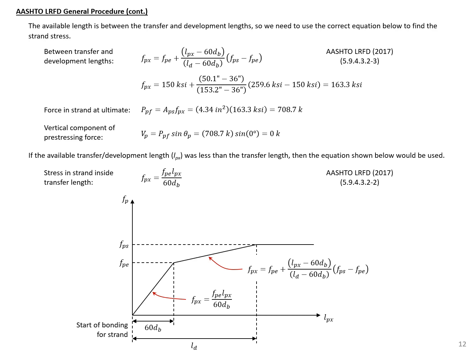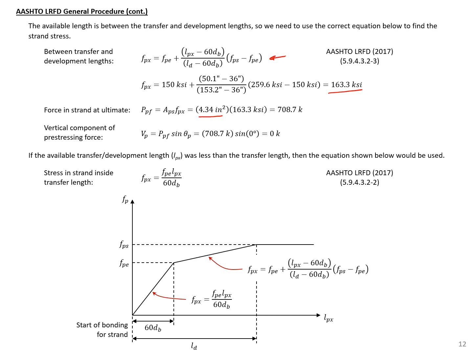Because we're between the transfer and development length, we'll need to use this equation from AASHTO. You can see we're plugging in our values, and we'll get an actual stress in our pre-stressing at the location of our critical section to be 163.3 KSI. We can take that times the actual amount of reinforcement at this section. So 20 of our strands are bonded at this point, so we're going to count the area of 20 6/10 diameter strands.